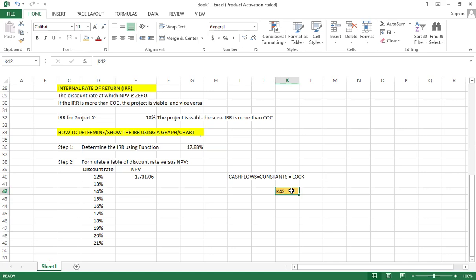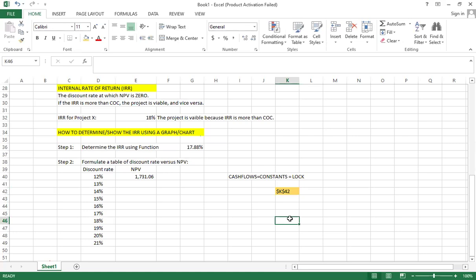Where do we get the $ sign? The $ sign is shift number 4. So I'll put the $ sign before K, and again after K. Before and after the letter, you put the $ sign. That's how you lock a cell.